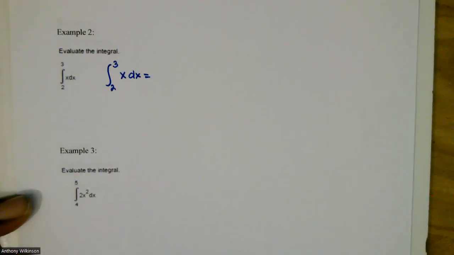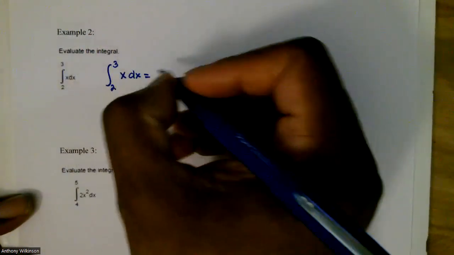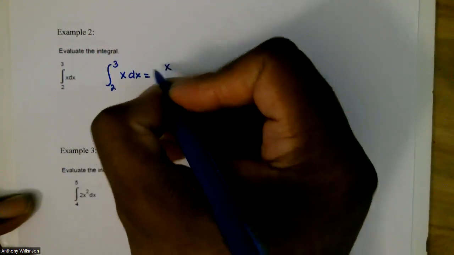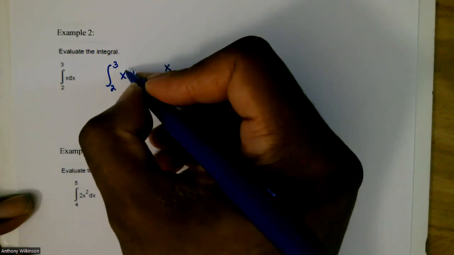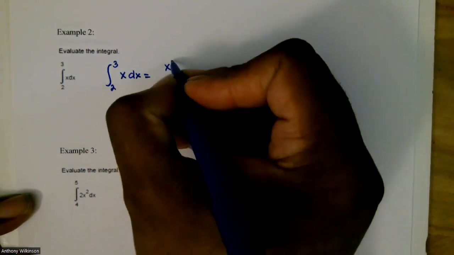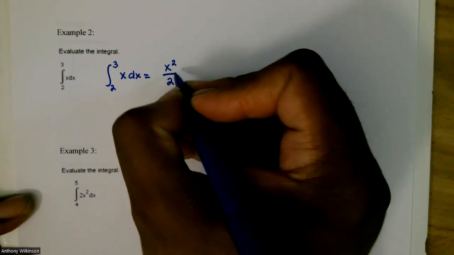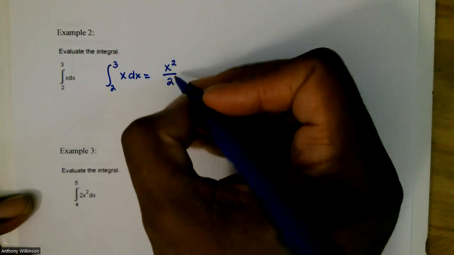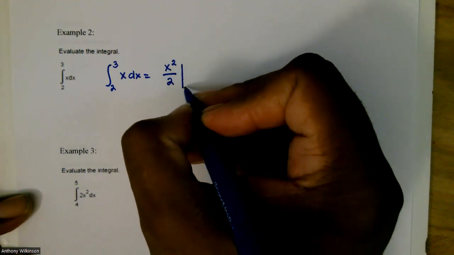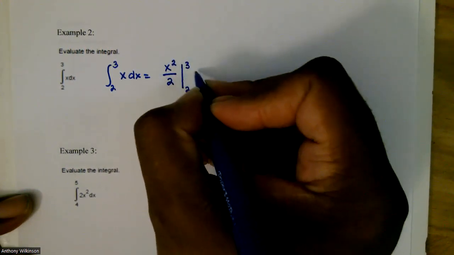Well, in this case here, we're going to have to use the power rule for integration by increasing the power by 1 and then dividing it by that new exponent. Because this is like x to the understood 1. So that means if I increase that exponent by 1, it'll be 1 plus 1, which will be 2, divided by the new exponent, which is 2. So it'll be x squared over 2, and it will be from 2 to 3.